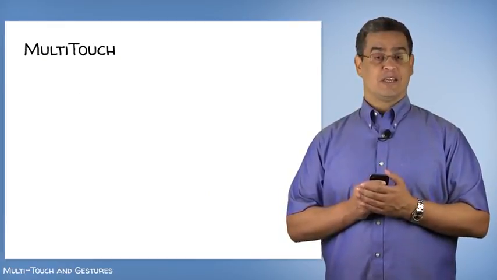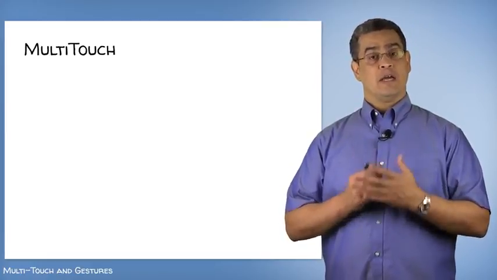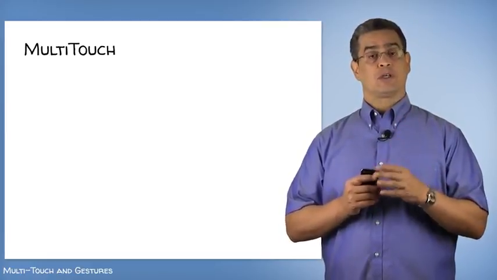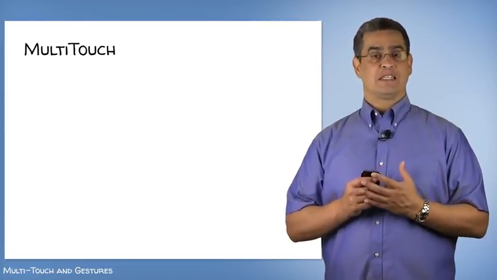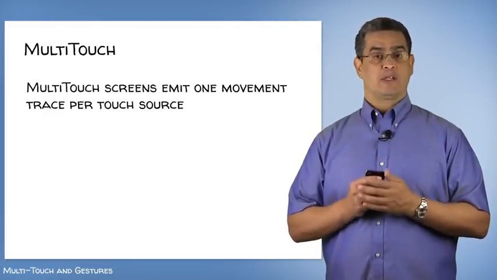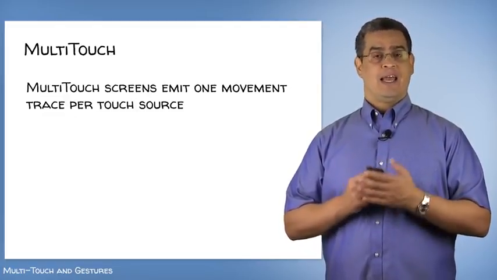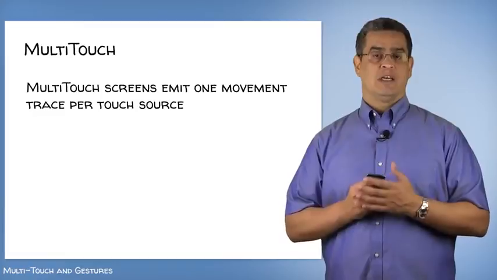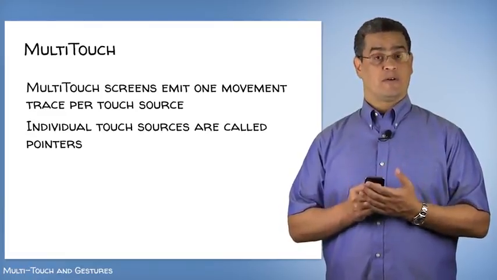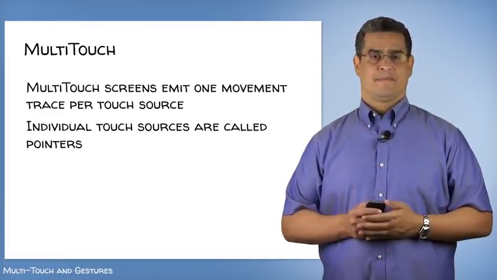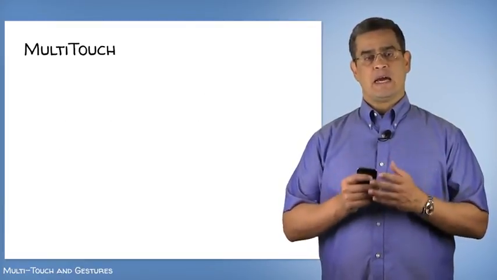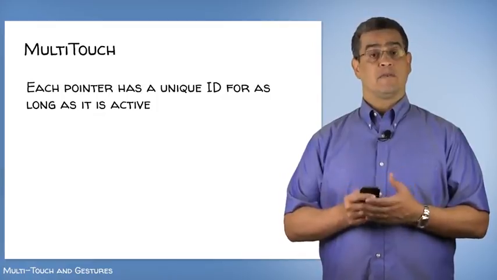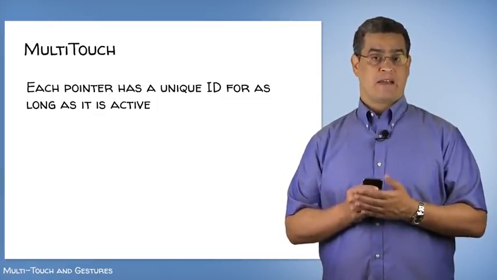Many touchscreen devices today are multi-touch devices. That means that they can register and track multiple touches all at the same time. In Android, multi-touch devices emit one movement trace per touch source, and each of these touch sources is referred to as a pointer. When Android encounters a new pointer, it generates a unique ID that will remain constant for as long as that pointer is active.